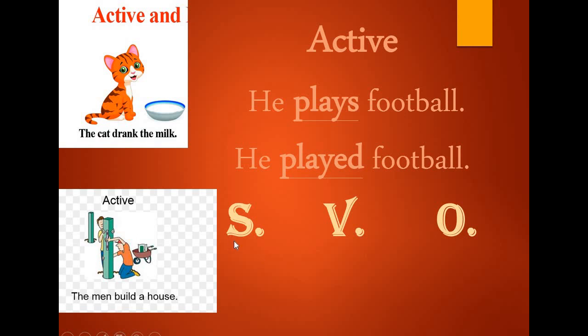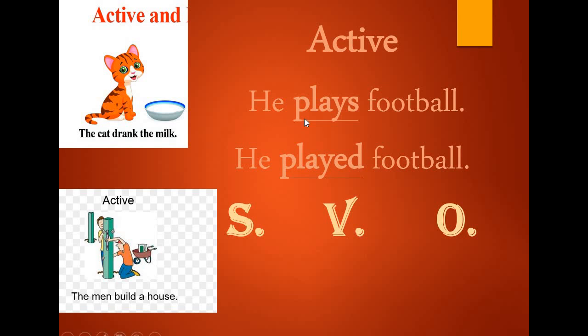So, any normal sentence that has a meaningful thought, and it starts with who or what, the subject, and then it has a main or action verb, and then it tells the object, this is an active sentence. So what is the active sentence? The active sentence is the normal sentence we always use and we always write.